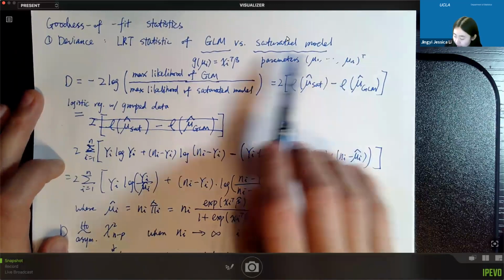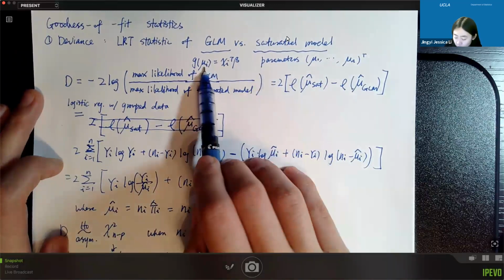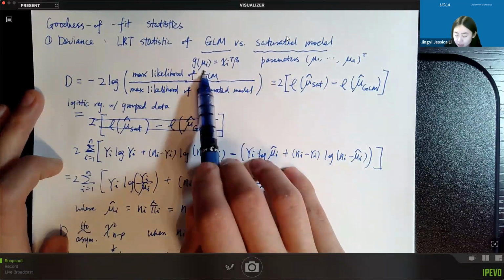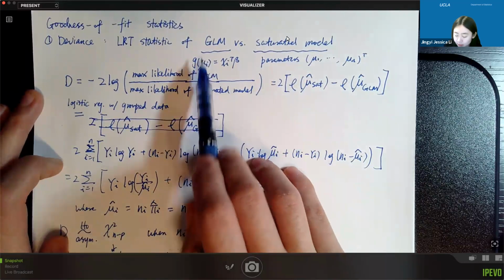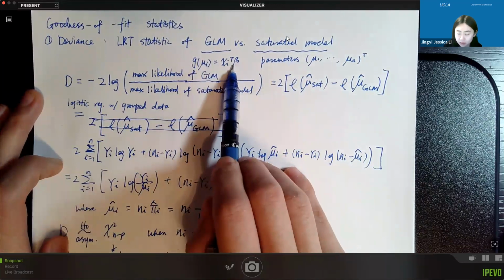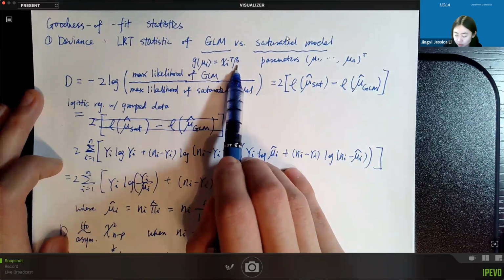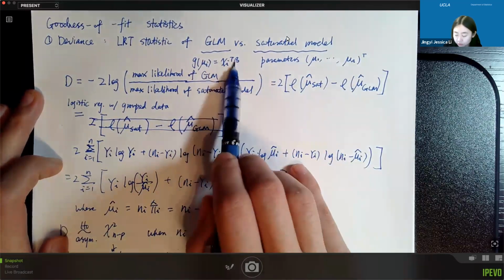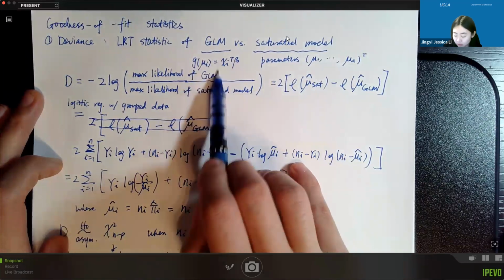In contrast, in the GLM, we have this systematic structure that links all our mu 1 to mu n to this common beta. This beta is only p-dimensional and p is less than n. Therefore, the degrees of freedom for the GLM is p instead of n.